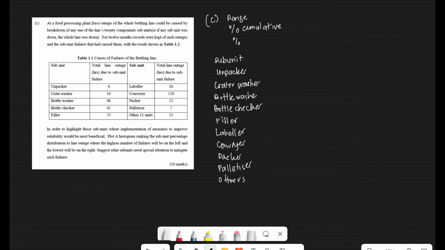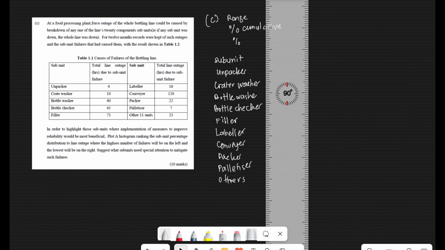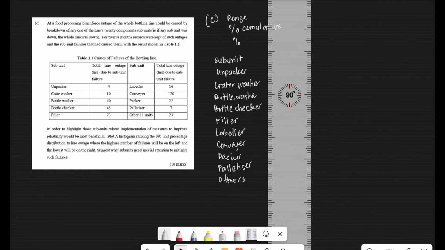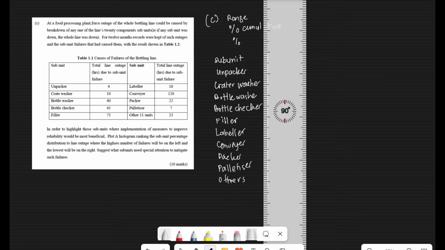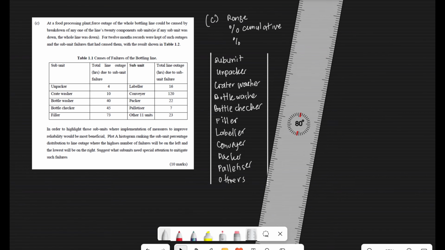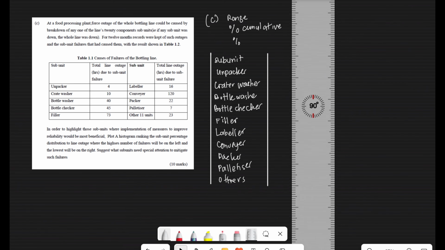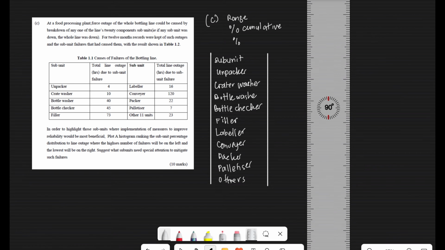Okay, so that is your subunit. Okay, and then you have the number of outage.